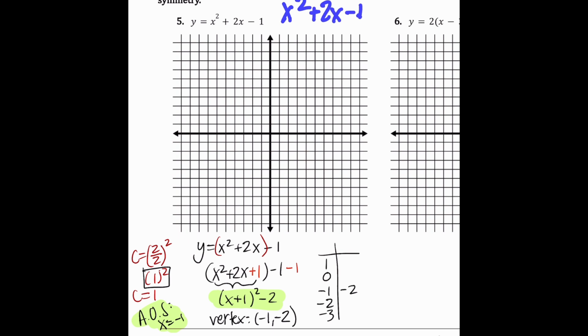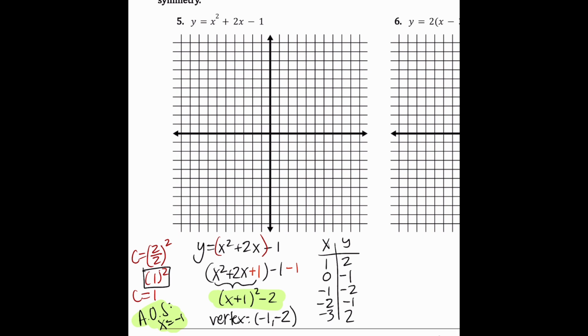If I plug in 0, I have 0 squared plus 2 times 0 minus 1. 0 squared is 0, plus 2 times 0 is 0, minus 1, which gives me negative 1. So all I'm doing is plugging these in individually. If I do 1, I should get positive 2. Same thing. I can do this one by one, but I'm not going to sit here and do all of them. I just want to show you one example.